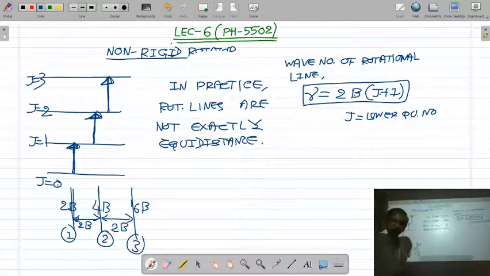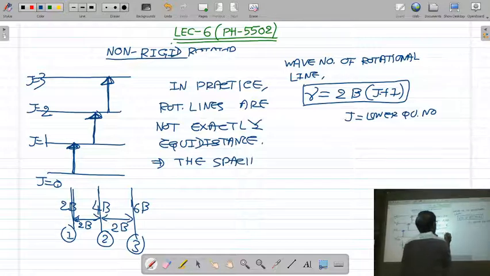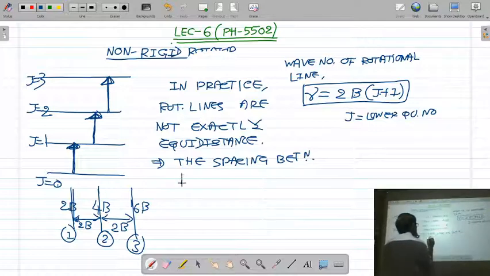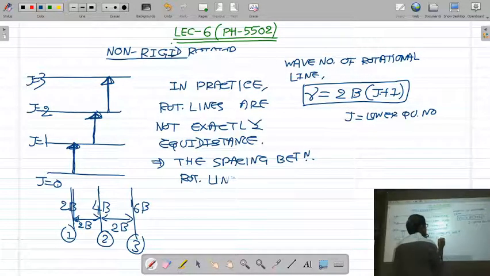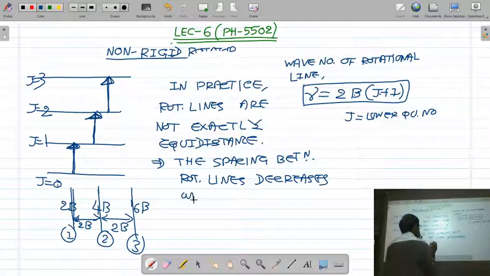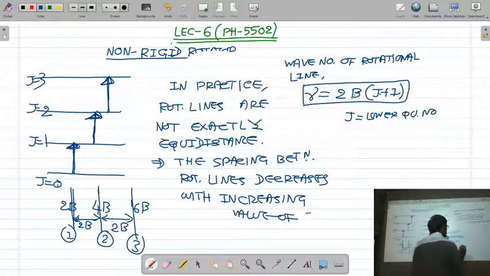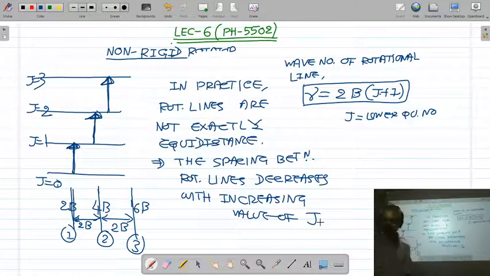It is found that the spacing between rotational lines decreases with increasing value of rotational quantum number J. So this is experimentally found.